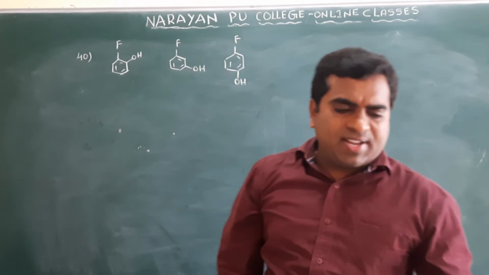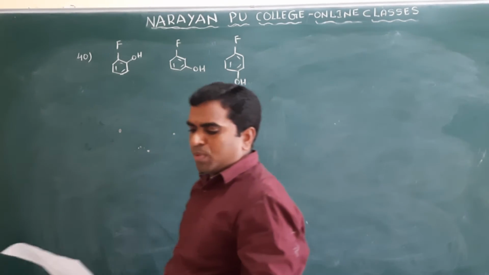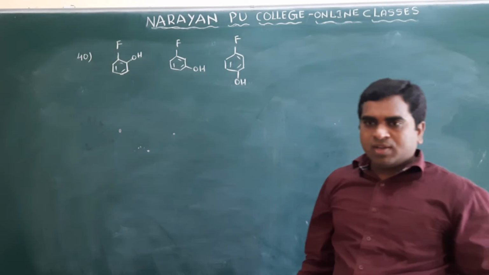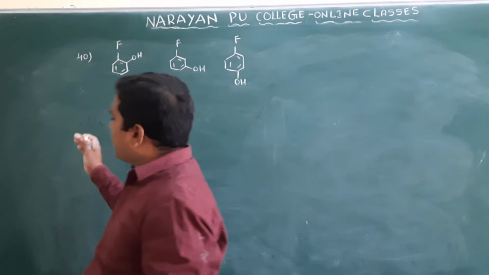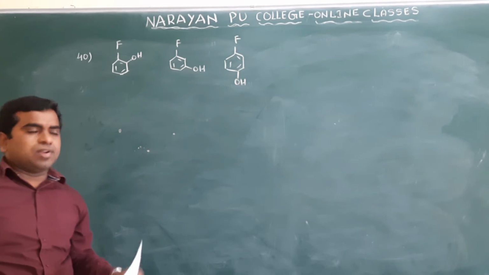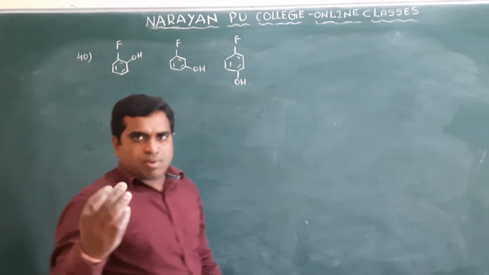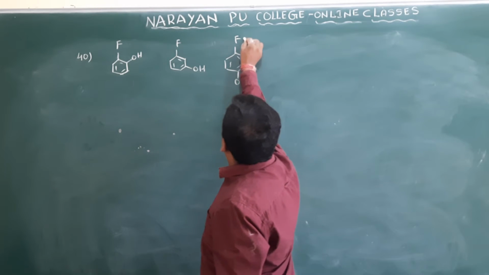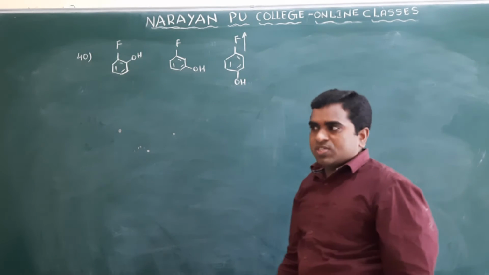Next, the 40th question. The experimental value of the dipole moment is different from the theoretical value in the case of which one? Clear? You know the dipole moment direction here: fluorine is more electronegative than carbon, so the dipole moment direction is towards fluorine.